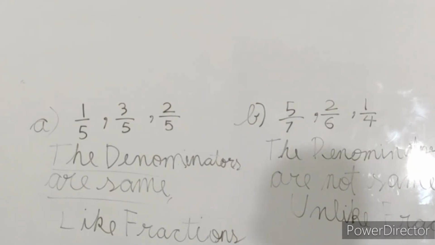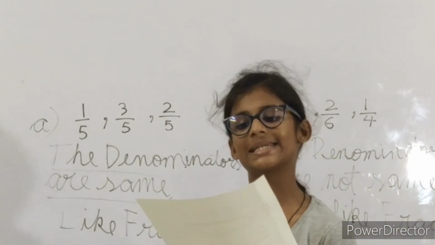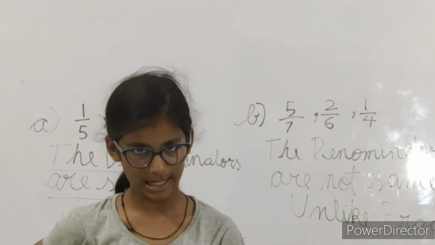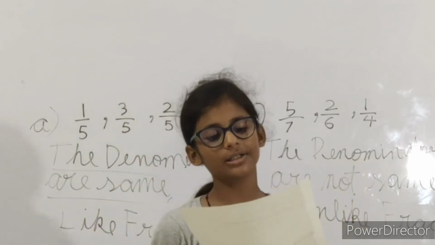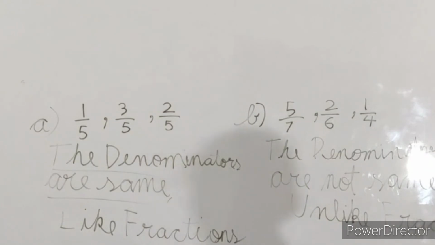I'll just tell you one more time the definition, which is written here. Fractions with the same denominators are called like fractions, and fractions with different denominators are called unlike fractions.